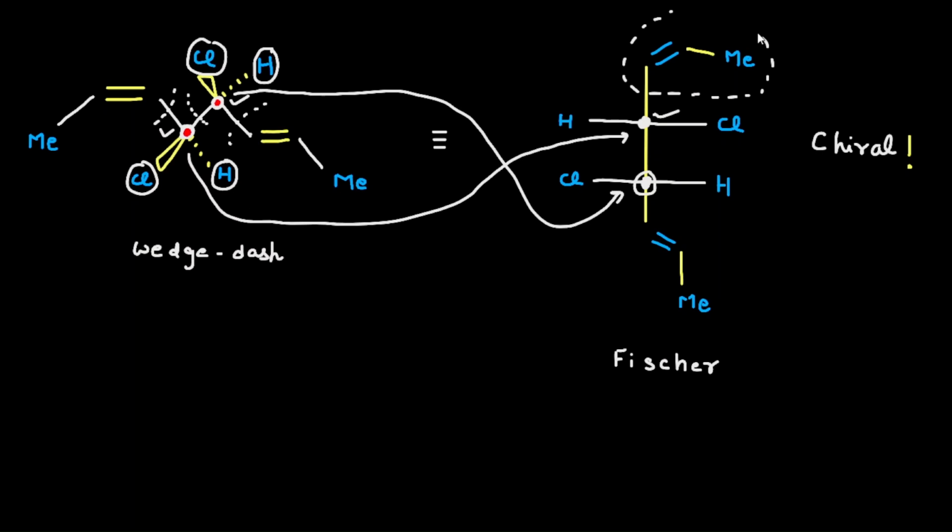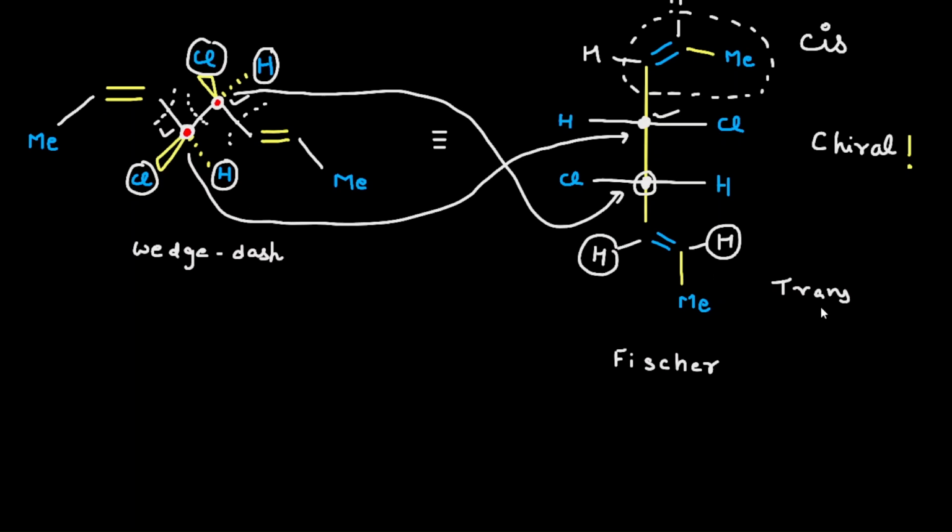So, I have basically created the Fisher's projection, and you should not forget the top group, as you can see, is basically a cis geometry, because the two groups, the two hydrogens, are on the same side. So on the top there is a double bond which has a cis geometry, and the bottom is again a point where geometrical isomerism can be created, and here you can see the hydrogens are on the opposite side, therefore it is a trans geometry.